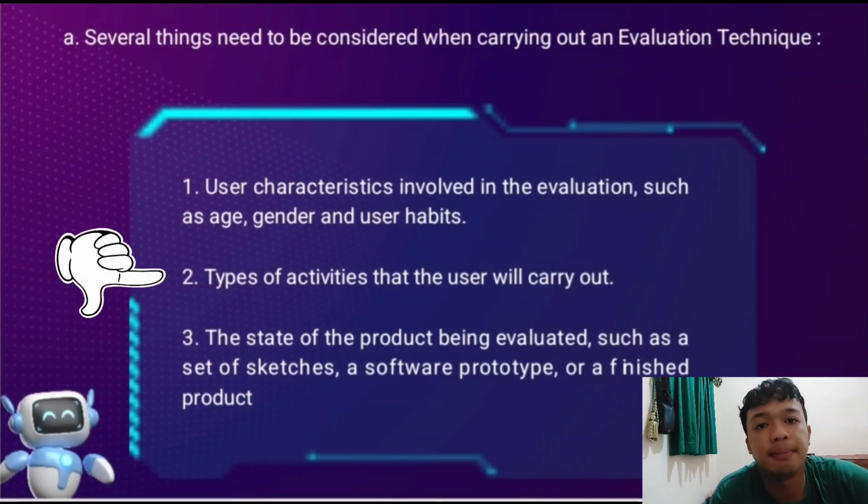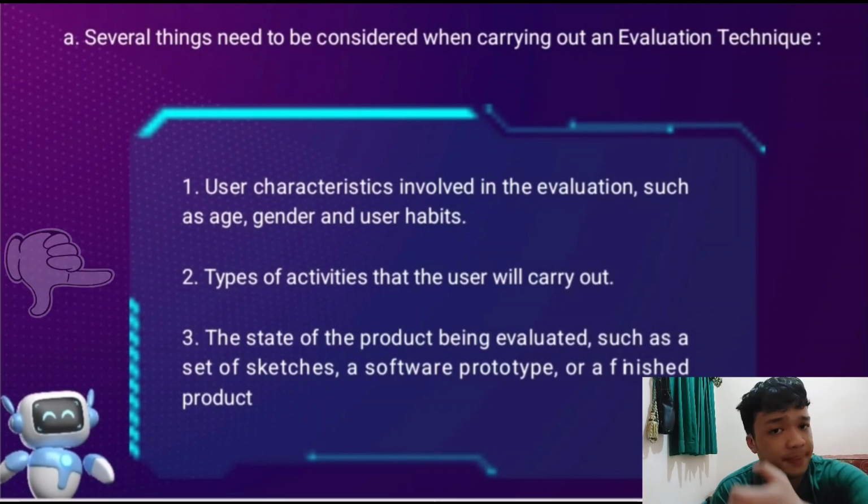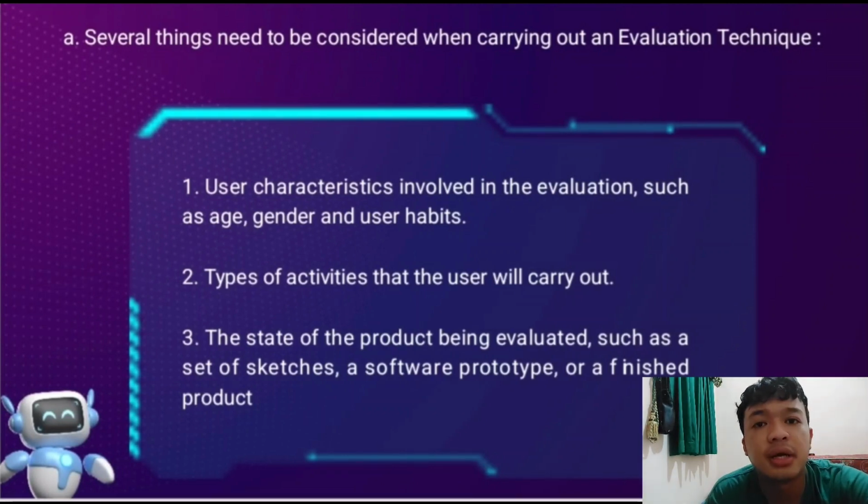Second, type of activity that the user will carry out. When conducting evaluation technique, it is important to pay attention to the types of activity that users will perform because this influences how they interact with the product or system being evaluated.